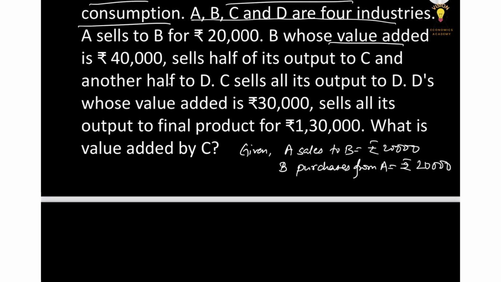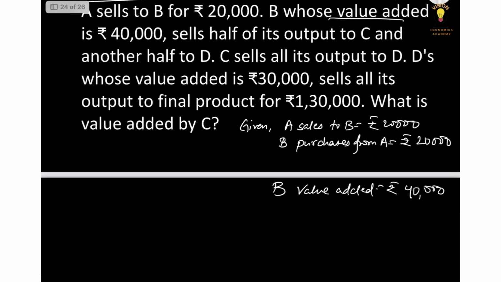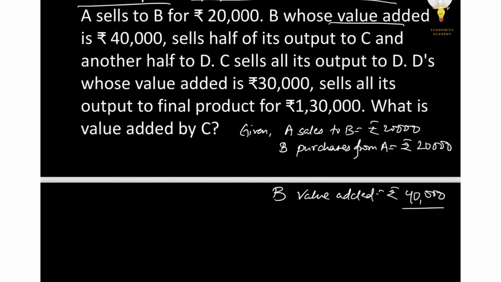B's value added is rupees 40,000. It sells half of its output to C and another half to D. So B, whose value added is 40,000, sells half of its output to C and half to D. We don't know the value of output of B, so we need to find that out.